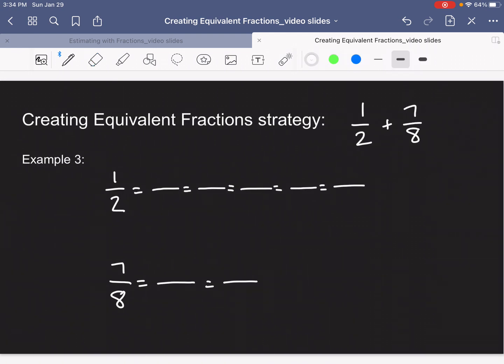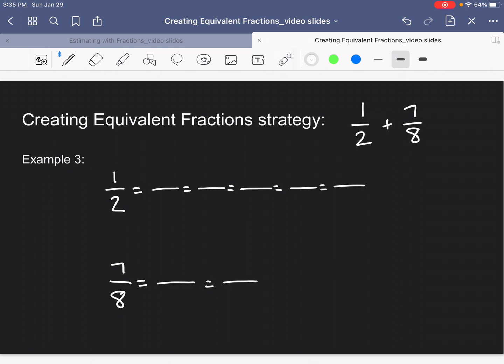So what does that mean, or what does that look like when we are actually working with adding fractions with unlike denominators? So what I've done is I've set up the equation 1/2 plus 7/8. So I'm going to come back in and I'm going to start out with my first fraction from my equation, 1/2. I've written it first so that I can ensure that when I go to replace these fractions with their equivalents, then I put the correct fraction in the correct place in my equation. So I start with 1/2.